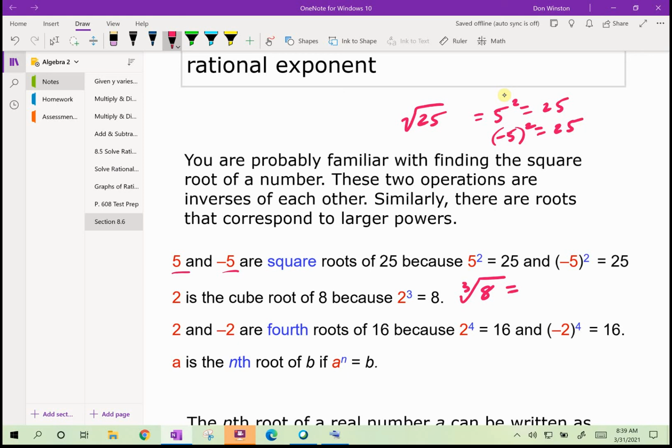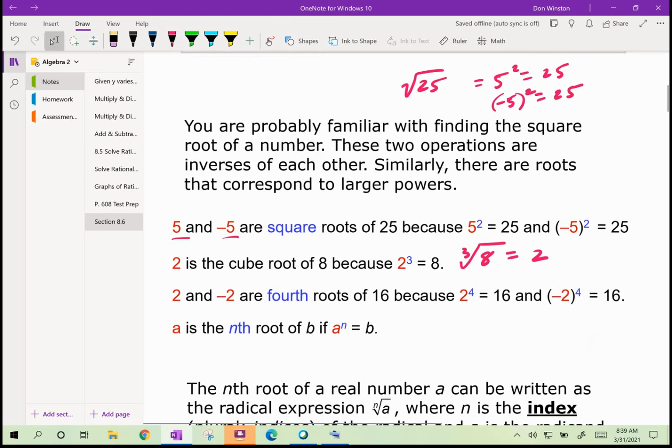So that would be the radical expression. 2 is the cube root of 8 because 2 to the third is 8. 2 and -2 are the fourth root of 16 because 2 to the fourth is 16. So in terms of radical expressions, the fourth root of 16 is equal to 2 because 2 to the fourth is equal to 16, but it could also equal -2 because -2 to the fourth equals 16.